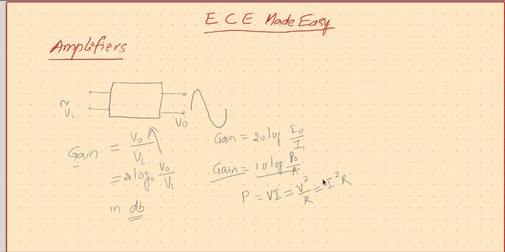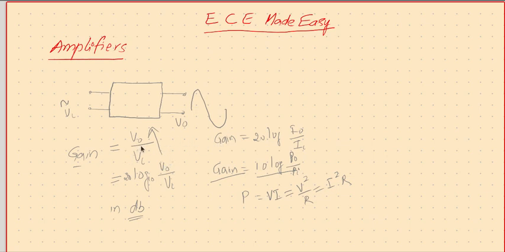Square terms are used. So when you take the ratio of power, it will be VO square by VI square, the Rs get cancelled, the square can be taken common and comes out, and that makes this 20 log instead of 10 log. The same thing happens with current. So that's some technicalities about how an amplifier can be represented.